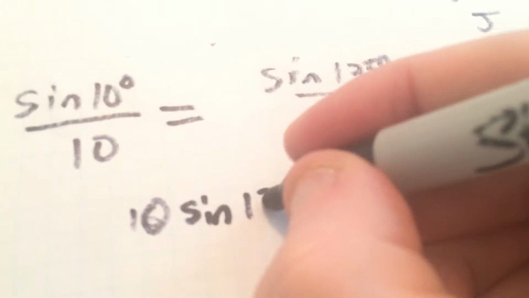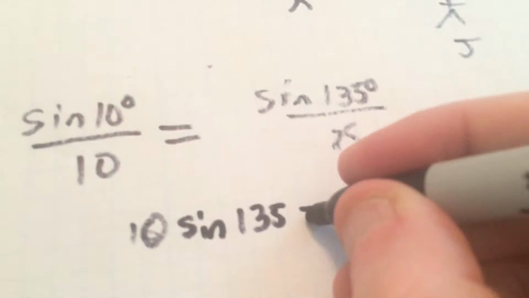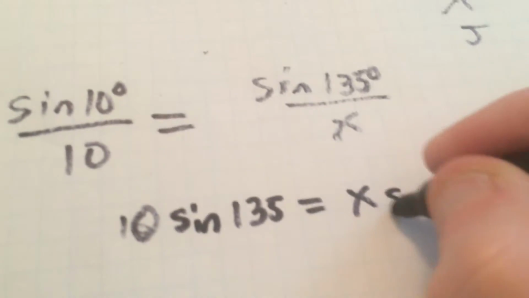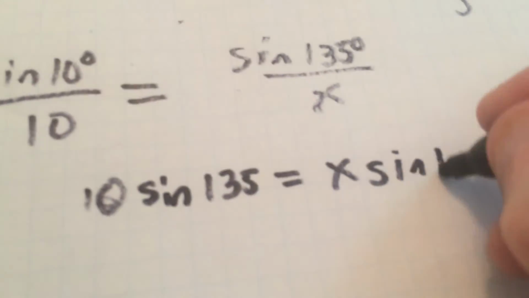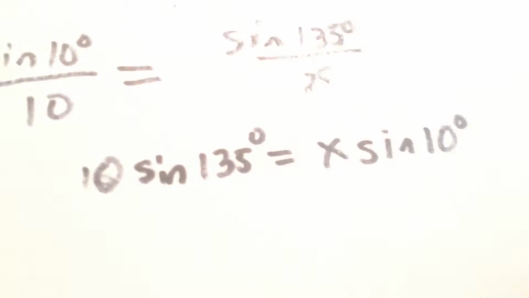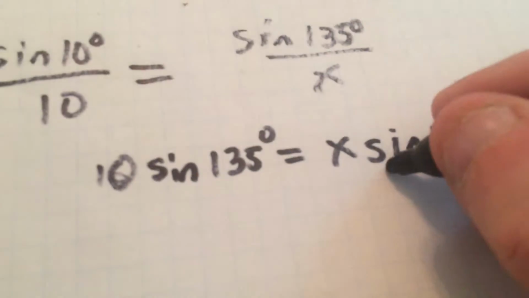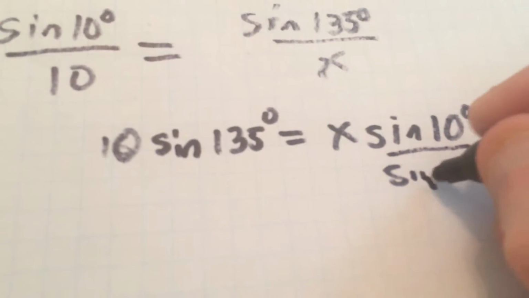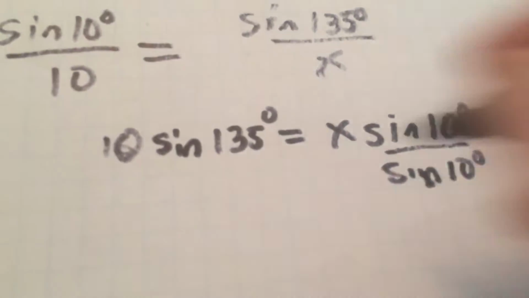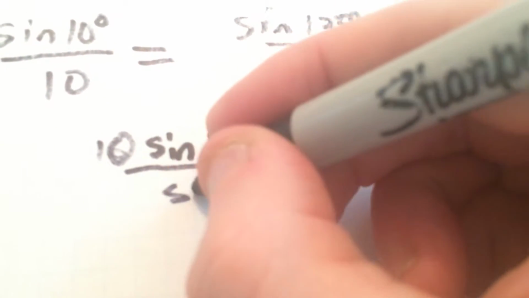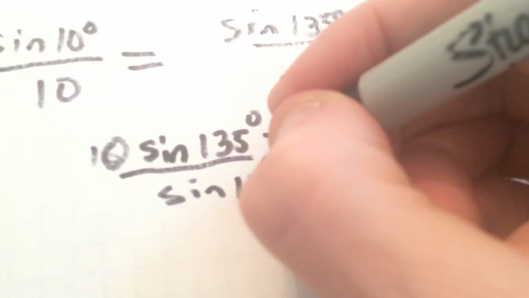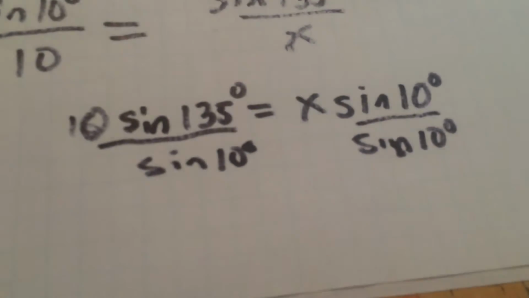Then we carefully cross multiply. Sine 135 equals x times sine of 10 degrees. So we're going to divide by the sine of 10 degrees. And this would then tell us the value of x.